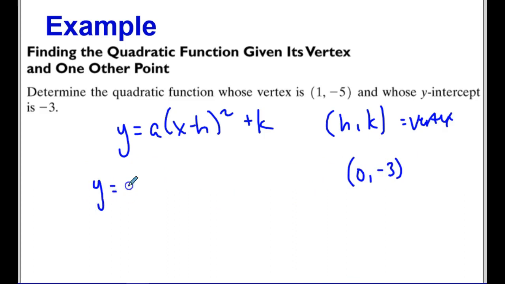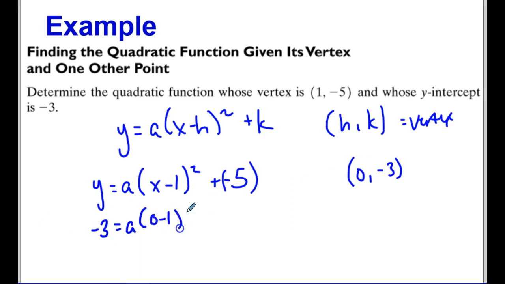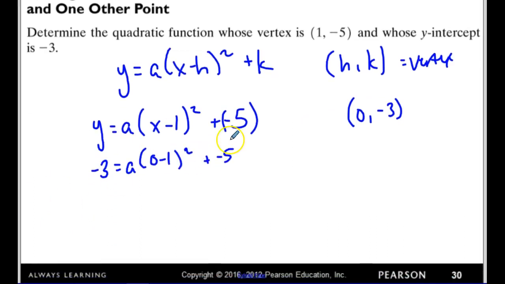So first, let's plug in our vertex: minus h, and the h was 1, squared, plus k, which was -5. Well, now I'm going to use this x and y as my other point. So I've got -3 equals a times (0 minus 1) squared plus -5. Now I'm left with one variable, so I can continue to solve this.